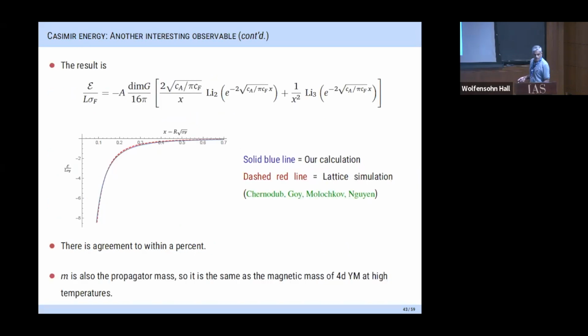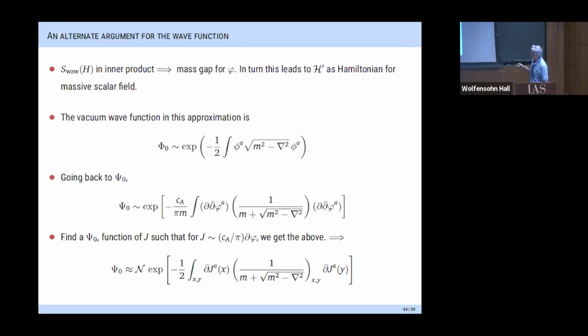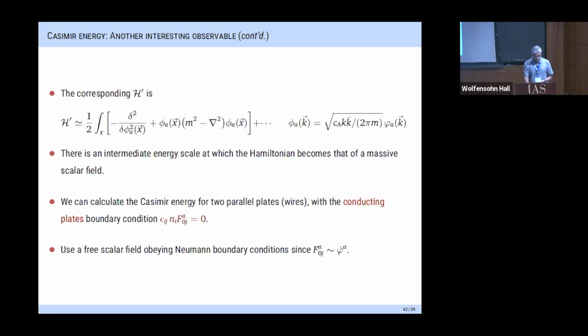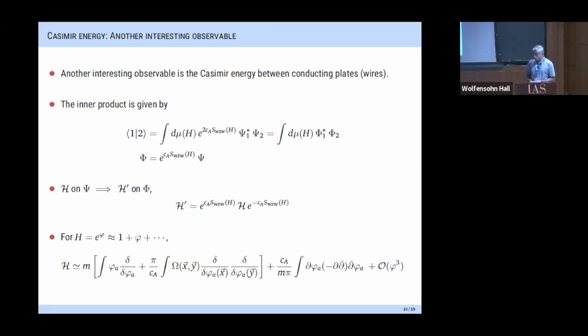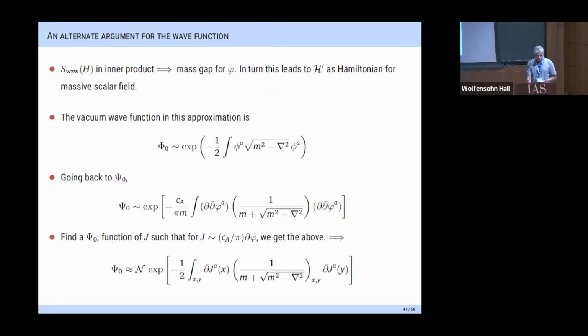You can do that. It's a free field wave function. You can calculate that. And here is what it looks like. Nothing surprising. Now go back to psi naught, because remember, my wave function had this Wess-Zumino-Witten term I absorbed into psi to make a phi. So if I go back to psi, what does it look like? Well, this is how it looks.